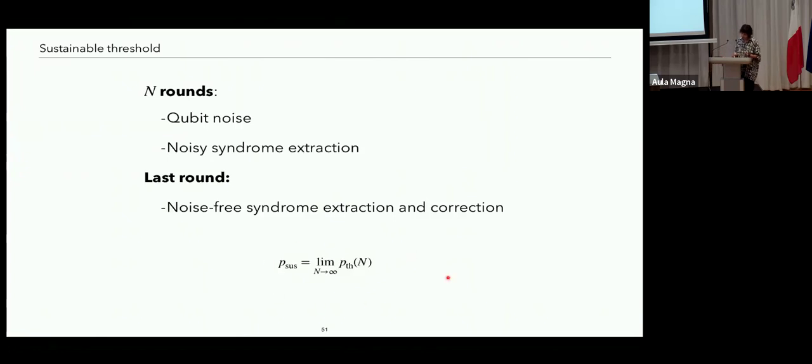Here, I want to be sure that if I grow the number of rounds of syndrome extraction, so if I keep going with my computation for a long time, the threshold of the system with n rounds is still positive.